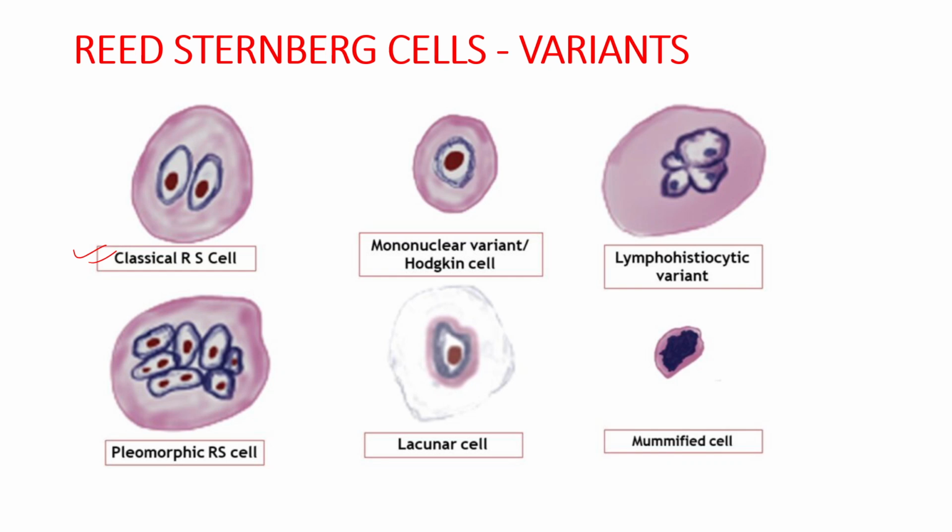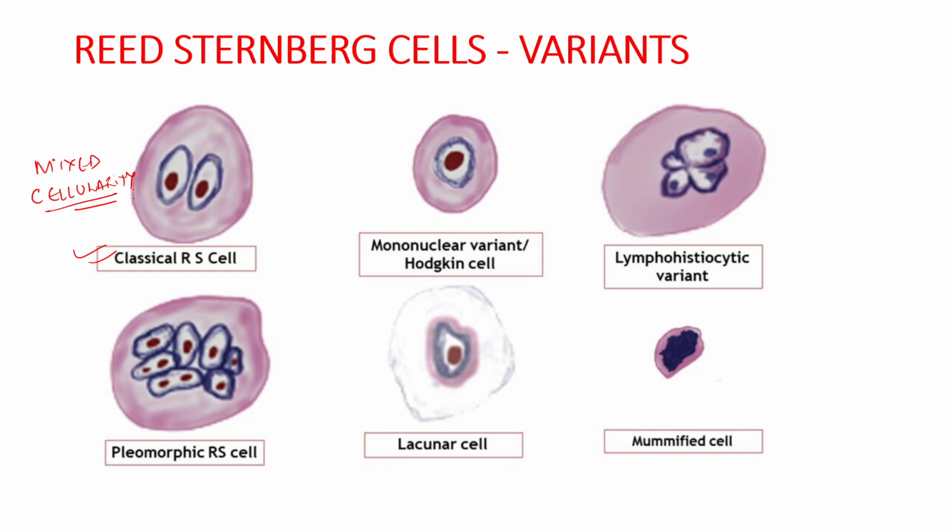The nuclei are typically two large nuclei which are mirror images of each other. This has a prominent eosinophilic nucleolus surrounded by a halo. So this is the classical Reed-Sternberg cell, and it is seen in the mixed cellularity variant of classic Hodgkin's lymphoma.